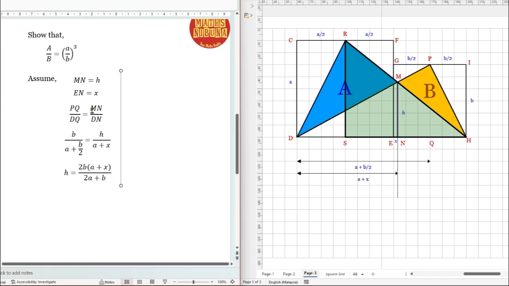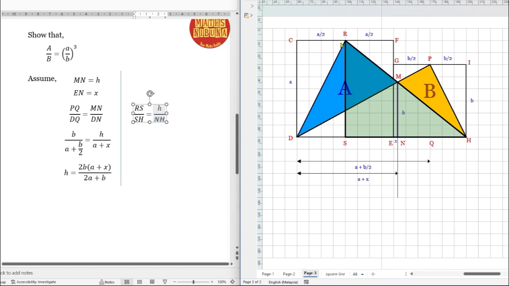So what we know is RS over SH equal to H over NH.